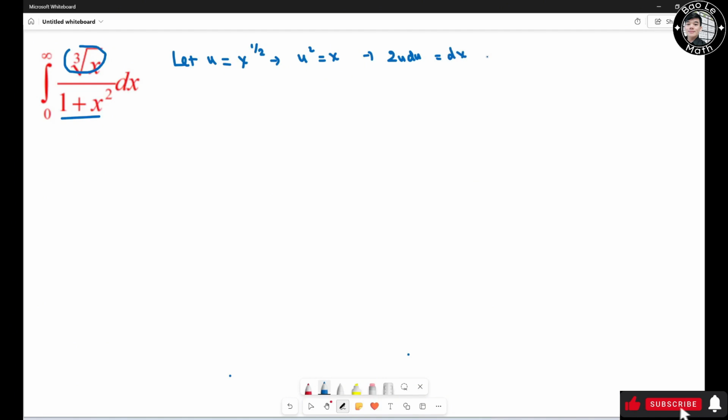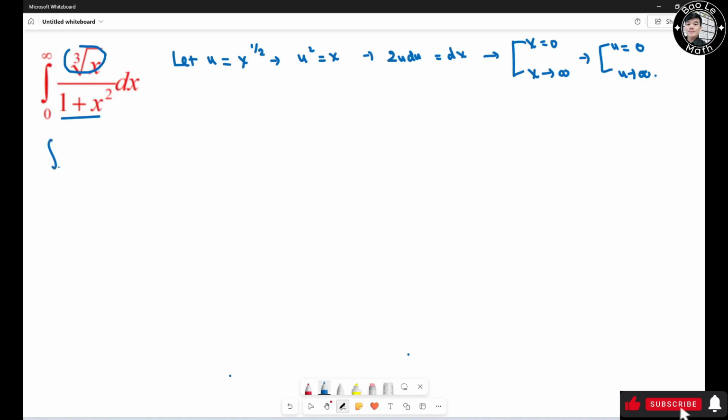Now I need to change the lower limit and upper limit, right? So I have s equals 0, s approaches infinity. Then u must be 0 and u approaches infinity, right? We have the new integral.